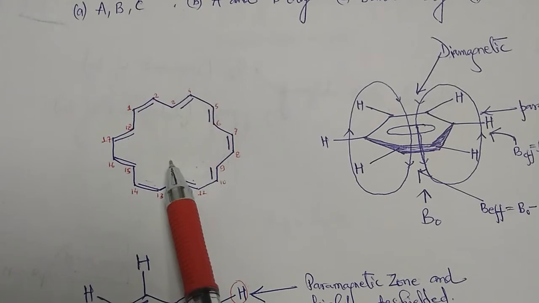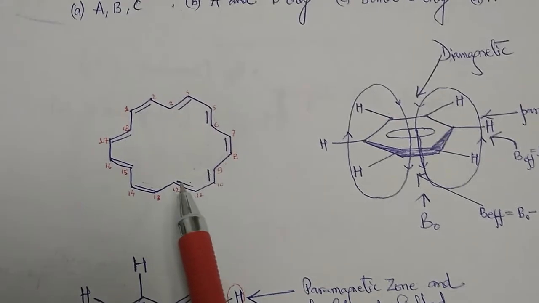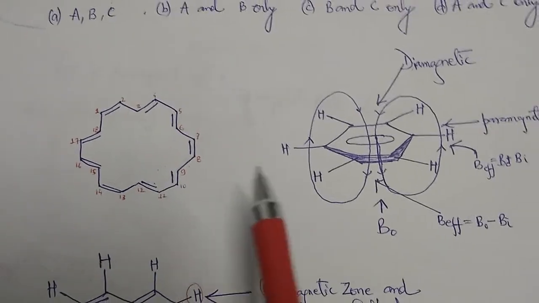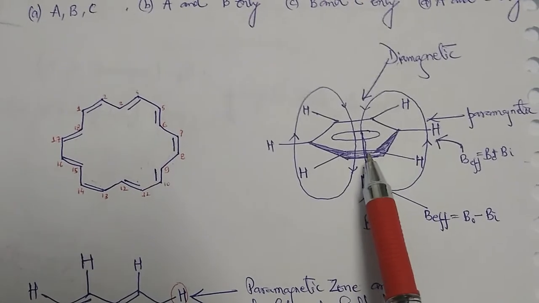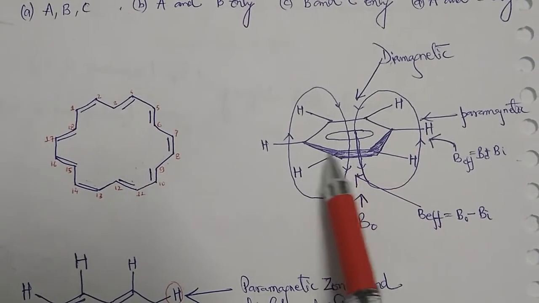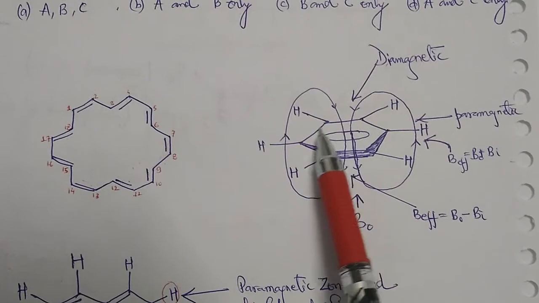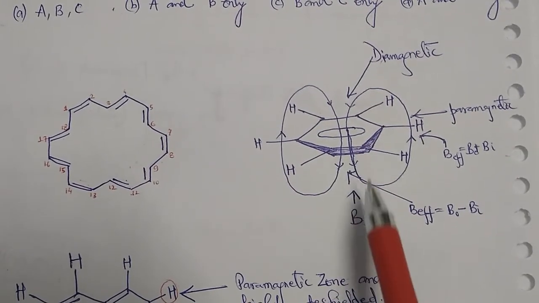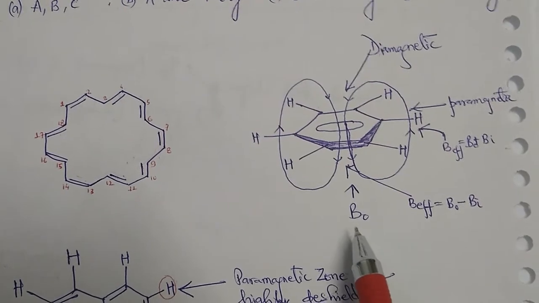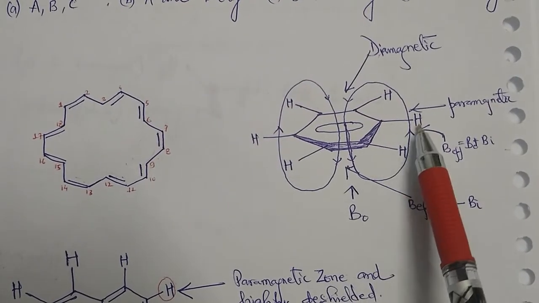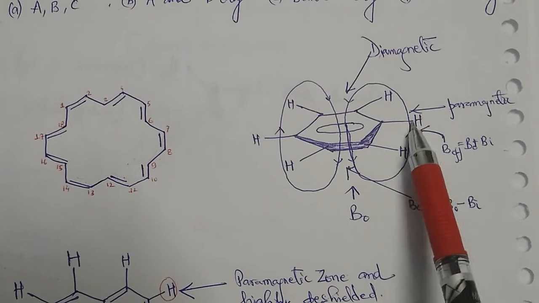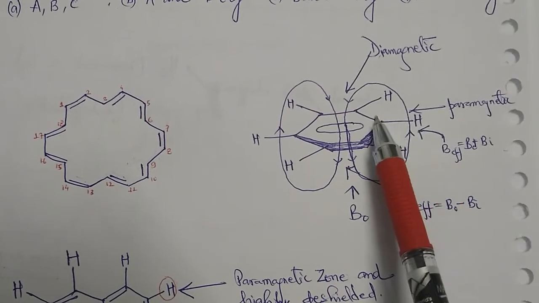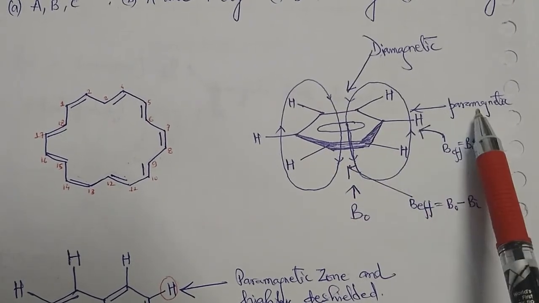Now, to consider the magnetic property of aromatic compounds, we can look back to the benzene molecule. As we know, benzene is an aromatic molecule, and we have already discussed its magnetic property. When we apply the external magnetic field, the external protons, that is, protons located at the exterior side of the ring, will be in the paramagnetic region.